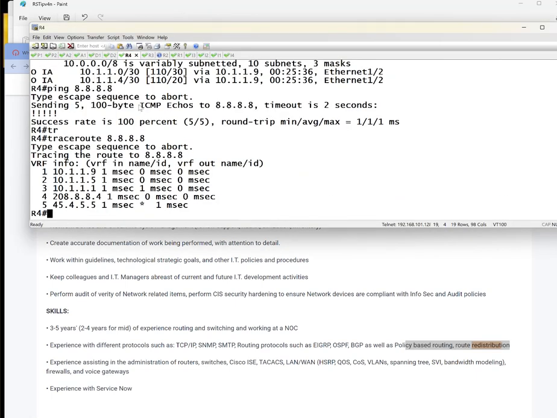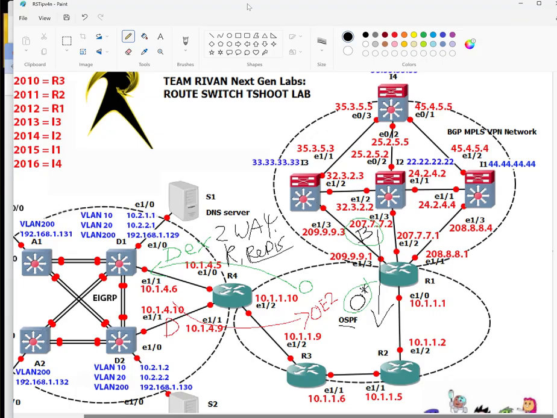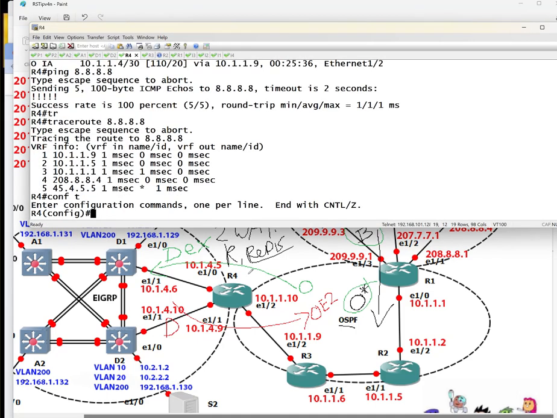Let's go. We go to R4 because R4 is in the middle. So first we need to send OSPF into EIGRP. So config t, router. Oh, we need a seed metric.